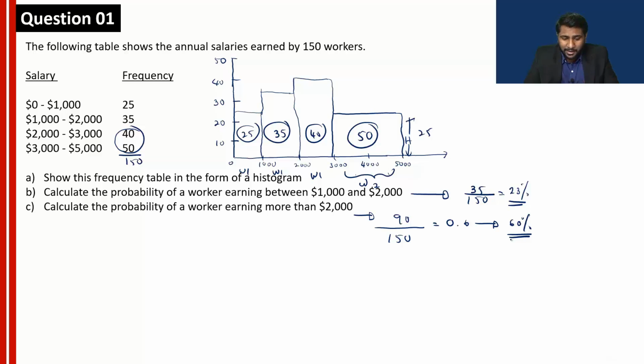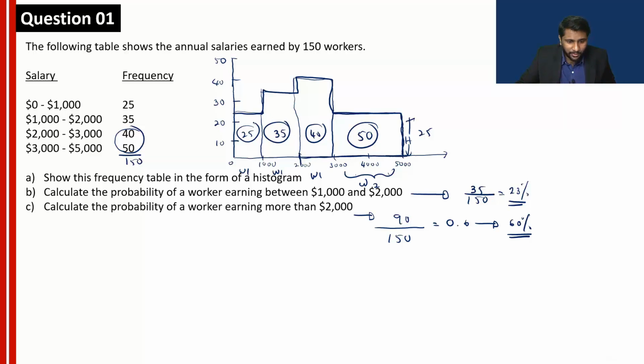Now when I connect this to this particular histogram, what you have to understand is, if this entire histogram is 100% area, I am asking how much is the percentage of people who are earning more than 2000. That means I am asking from here to here.